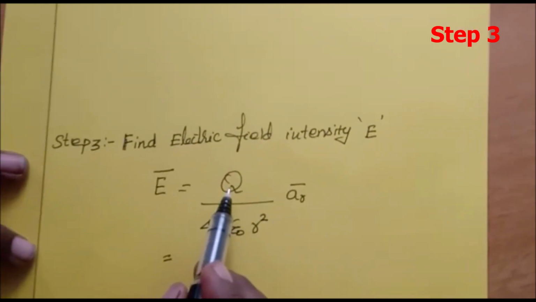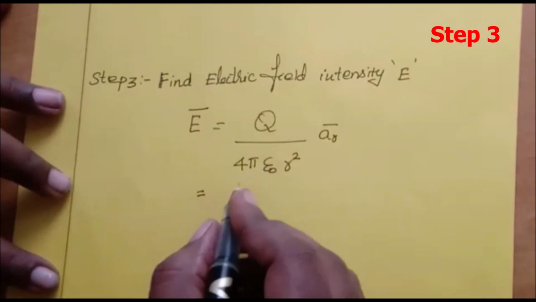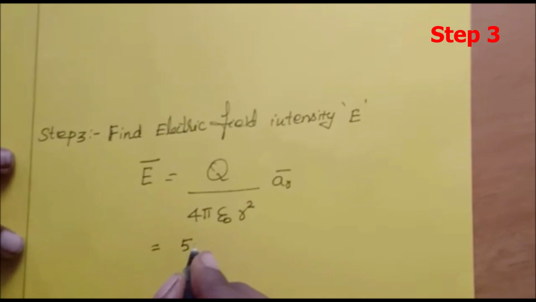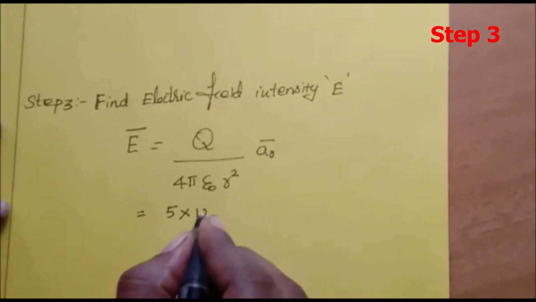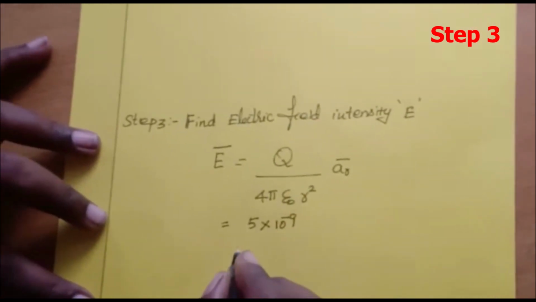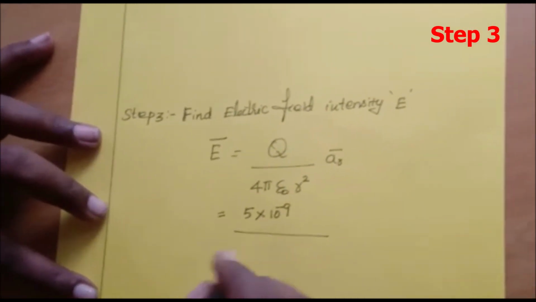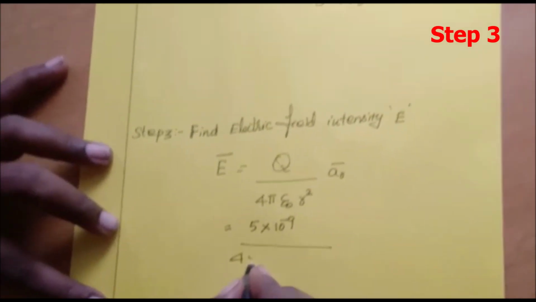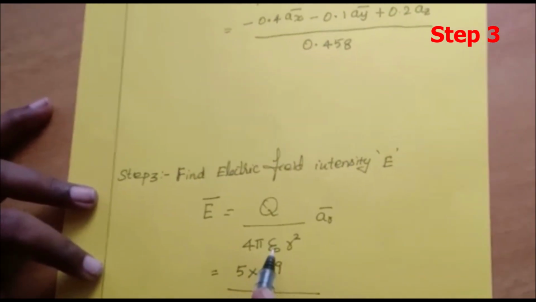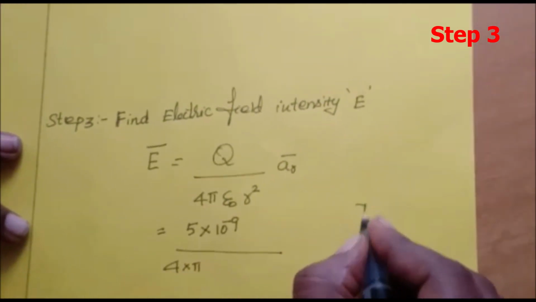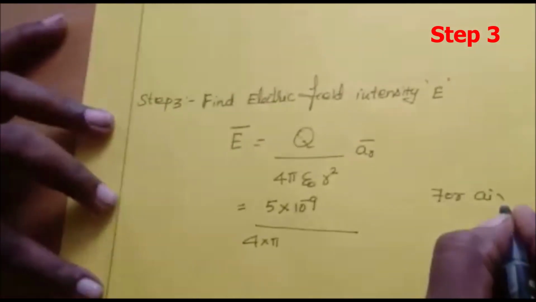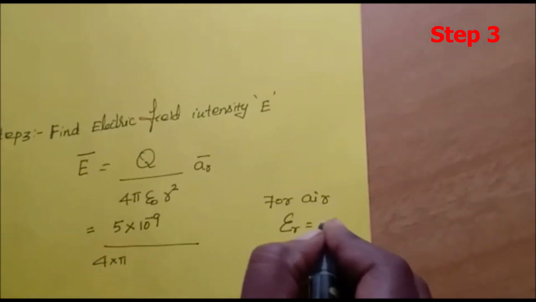From the given data, the charge is 5 nanocoulomb, which expressed in the standard unit is 5 into 10 power minus 9, divided by 4 into pi. Here we take epsilon r, but for air epsilon r is equal to 1.